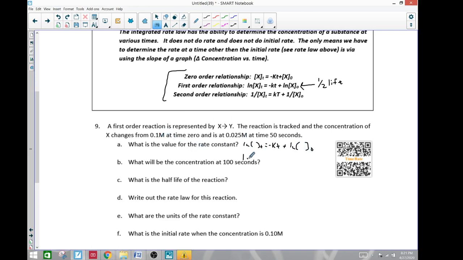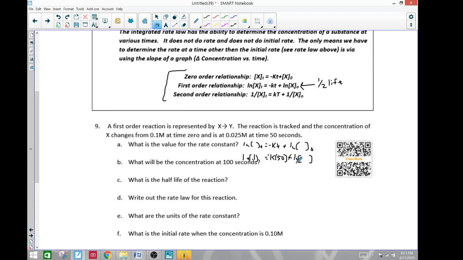So natural log of 0.1, all right, equals negative k. That's what I want to find here. I don't have that. So k, and then I have t, time is 50 seconds. And then I have plus the natural log of the concentration at time 0. All right, and then just go ahead and solve it out.